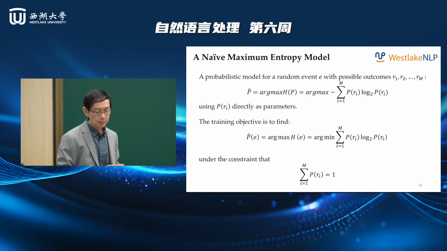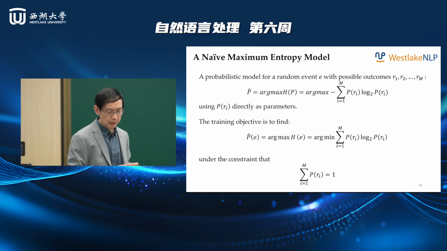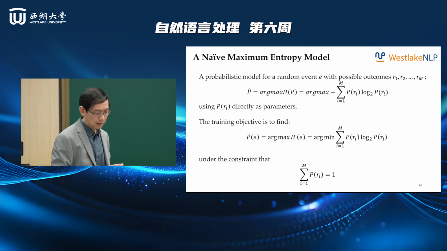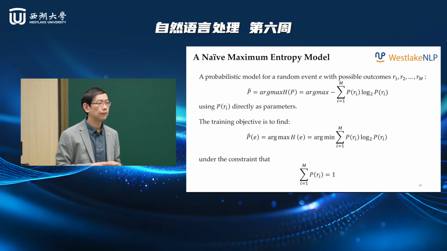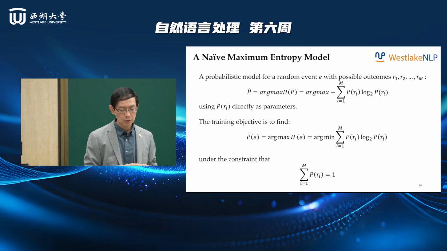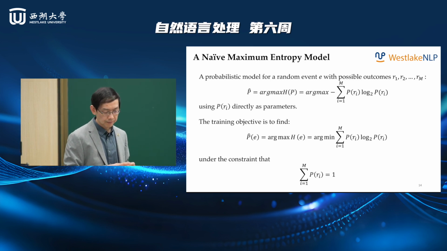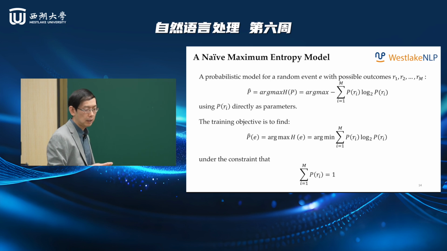But there's a constraint: the probabilities will sum up to 1. So we maximize this entropy under the constraint that the probabilities sum up to 1. This is the last two equations.